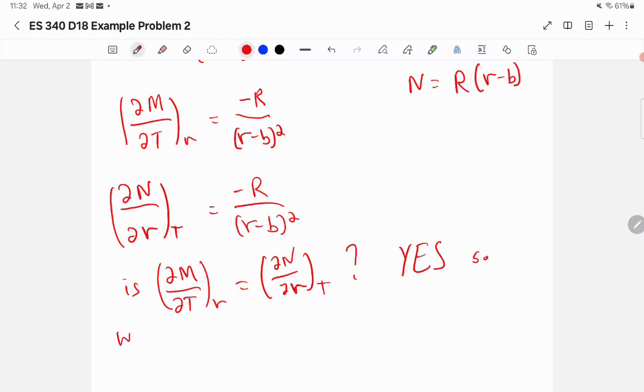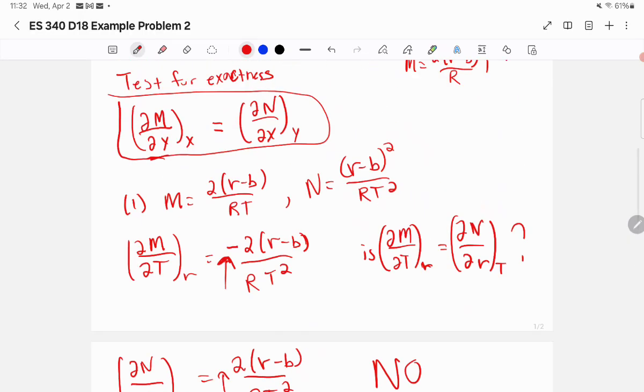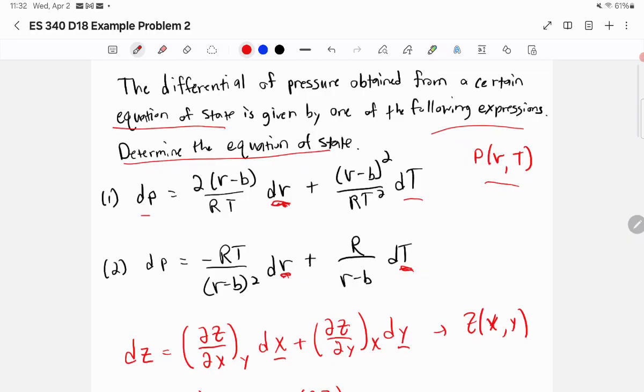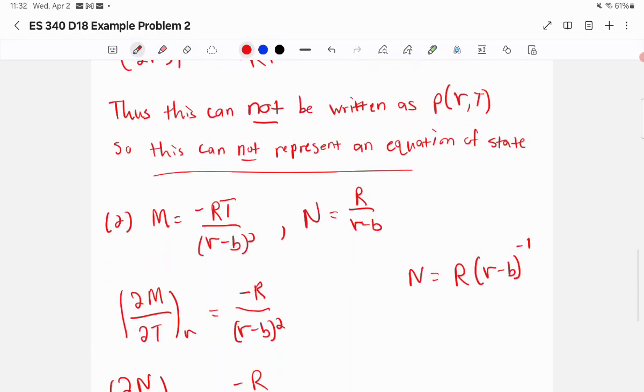So we can find an equation of state. We rejected the equation of state for the first one. For the first equation, that is not an equation of state, but the second one is an equation of state using the test for exactness.